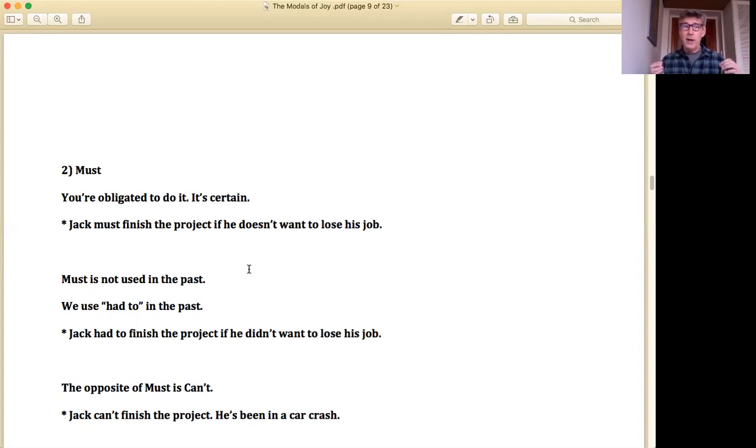And must is something you are obligated to do. Okay, it's the opposite of don't have to. So, I must finish the project if I want to keep my job. It's our example here. Now, Americans would say, I have to finish this project if I want to keep my job. And the British, not so much.